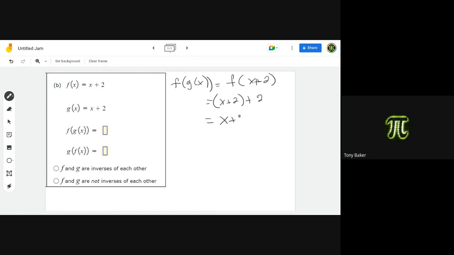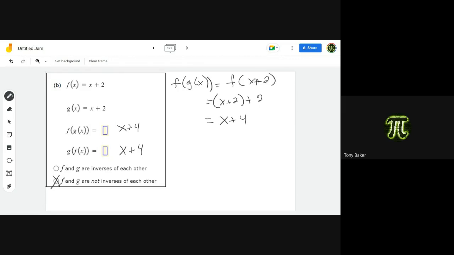So I have x plus 4. So they're the same. So this is going to also be x plus 4. Are those inverses? What did I just say? It has to be just x. So no, these are not inverses of each other.